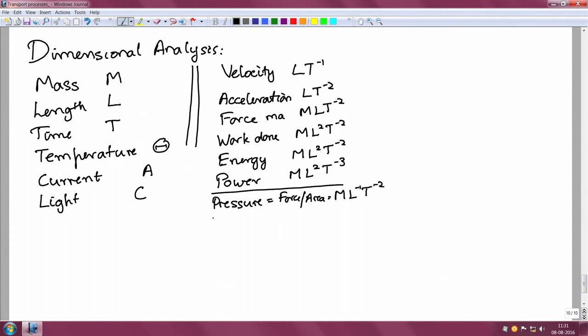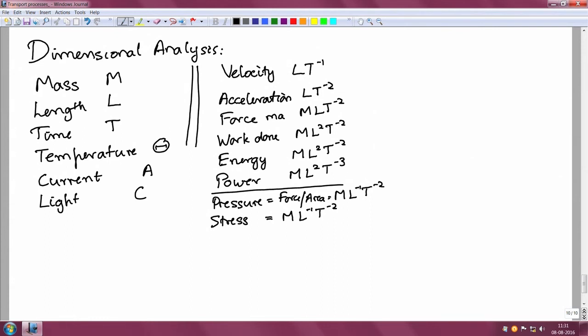The stress also has dimensions of force per unit area, except that commonly pressure acts perpendicular to the surface and stress acts parallel to the surface. So, that is the only distinction, but stress as well has dimensions of m L inverse t power minus 2.